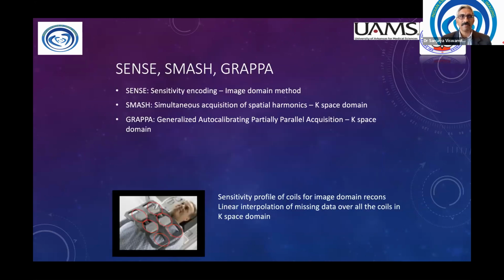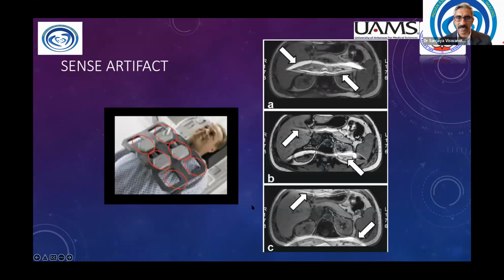So essentially, you have sensitivity encoding, which is an image domain technique, as I showed you. You have SMASH and GRAPPA, which are k-space domain techniques, which use individual understanding of sensitivities, both of which use sensitivities to basically get your images. Because it's using the sensitivity profile, and because you are getting a certain degree of phase wrap, you can get artifacts such as this, where you can see here, this artifact is basically the upper abdominal wall that you're seeing, the abdominal wall artifact.